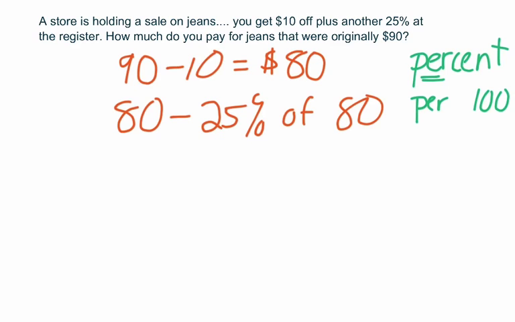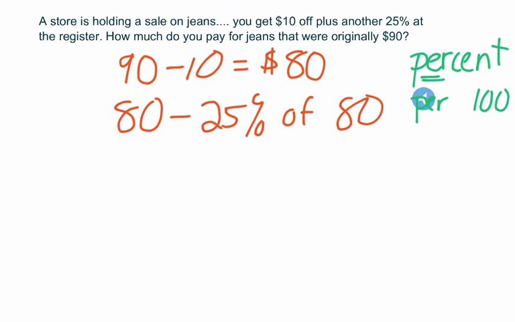The word cent, C-E-N-T, as a suffix or a prefix, means 100. If you think how many cents are in a dollar, 100 pennies are in a dollar. How many years are in a century? That would be 100 years. So C-E-N-T literally means 100. In fact, the French word for 100 is cent.